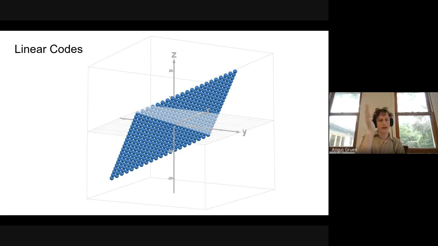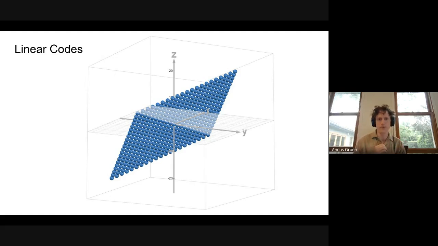And your code subspace is this sort of line of distinct points. This picture is a little bit misleading because, of course, this is working over the real numbers. It makes things look continuous, whereas in reality we're working over finite fields. But in practice, this is a reasonably good picture to keep in mind if you have these isolated points that have some distance between them.